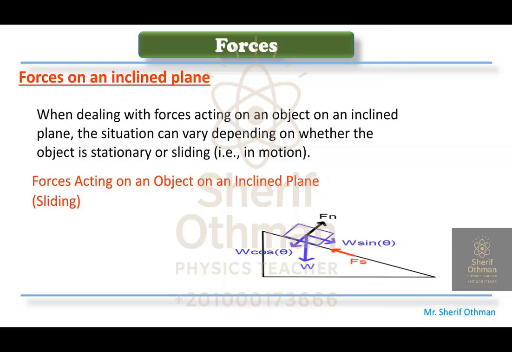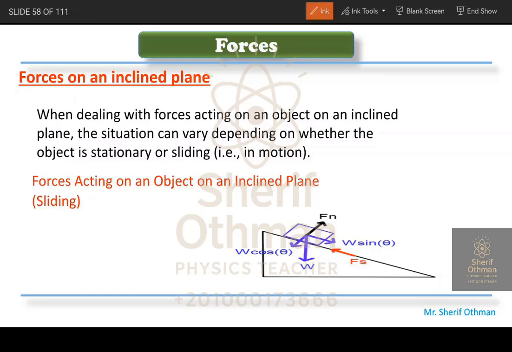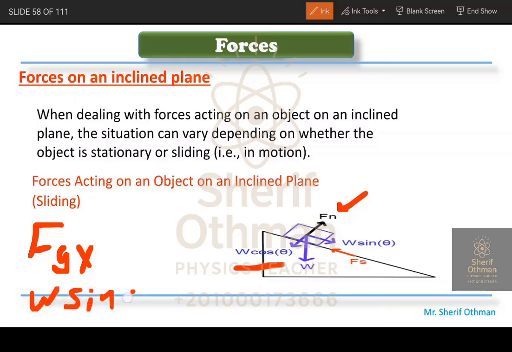If the object is sliding, in the same way, Fn is equal to weight cosine theta, while in this case the magnitude of Fgx, which is equal to weight sine theta, is greater than the kinetic friction. In this case, we don't have a static friction. The object is sliding down, so we have something called kinetic friction.